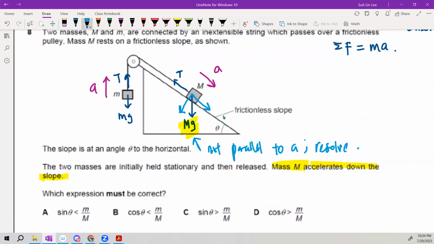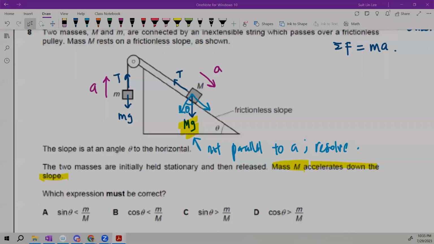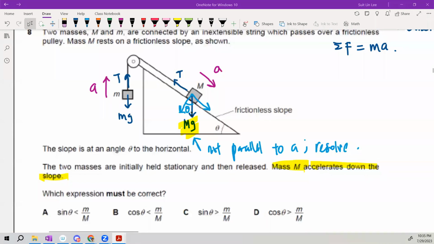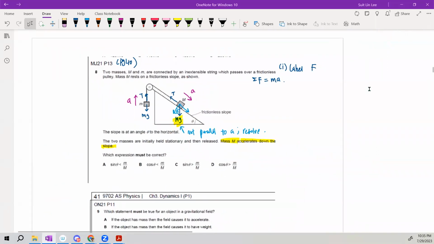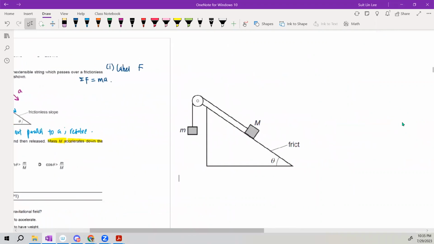And then when you transfer the angle, you will know that this is theta. Of course, you may be asking me, how do you know this is theta? Well, on the channel, there's a dedicated video to address the geometry of a triangle, or the inclined plane, but I will just quickly write this down for you.